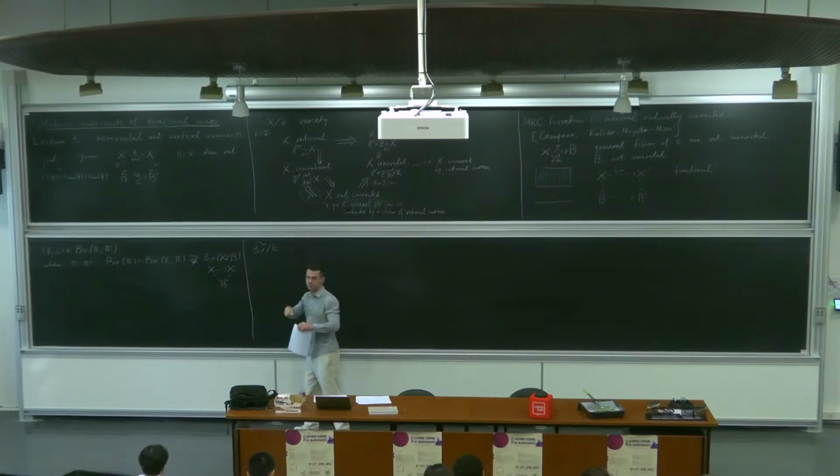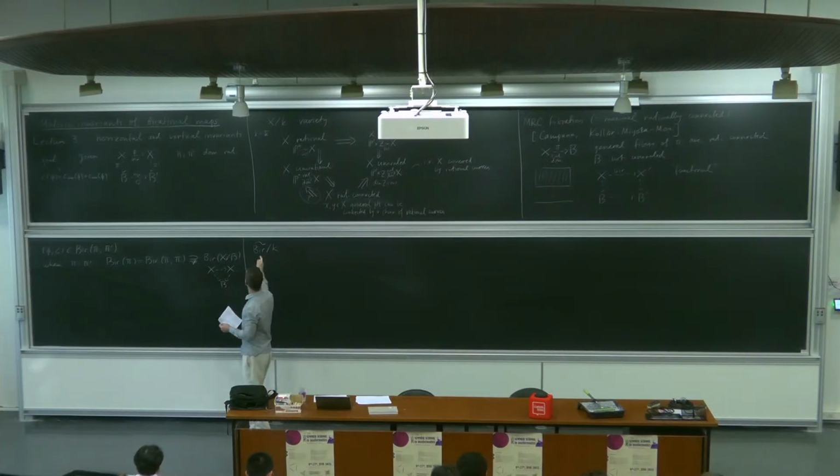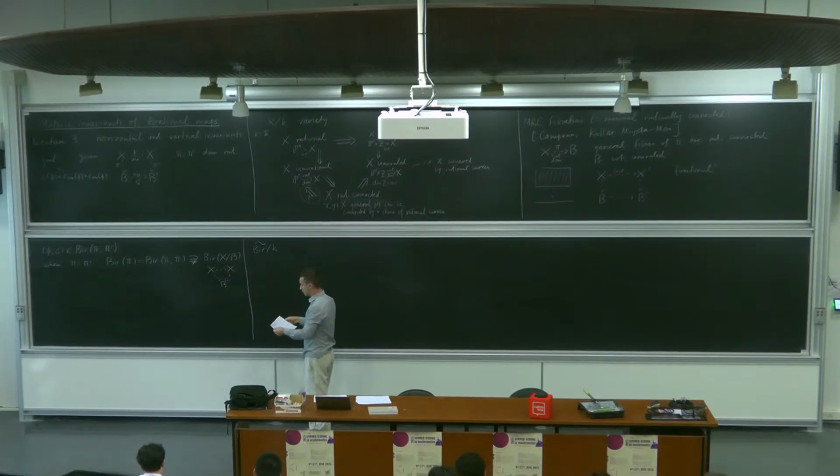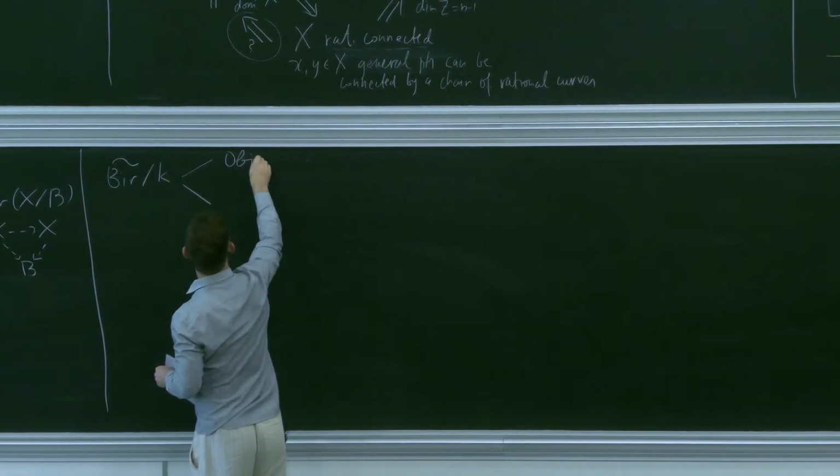Previously we had this Bir over K, which was just birational types, so varieties and birational maps. Now I want to do something which would look a bit like that. Okay, you'll see. It's a kind of homemade notation, not a standard thing. So let me give you objects and morphisms for this category.